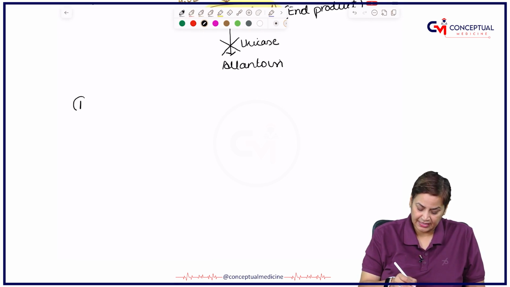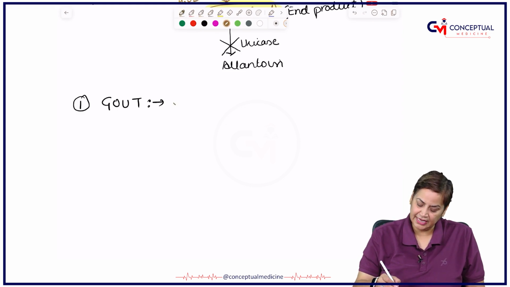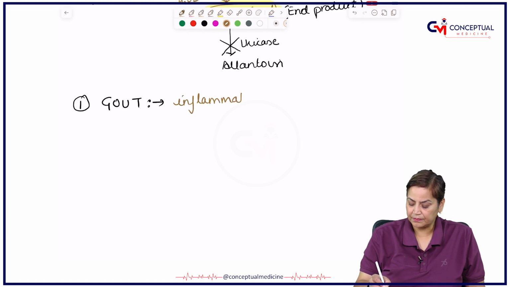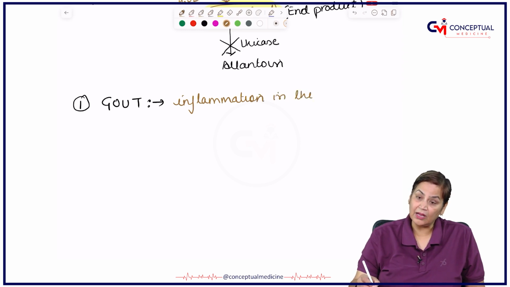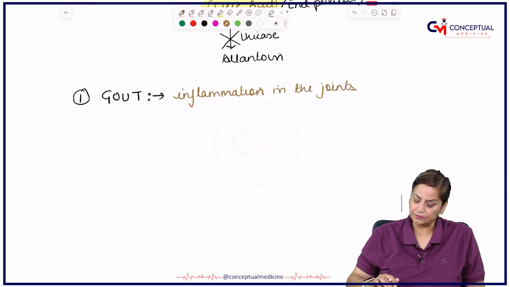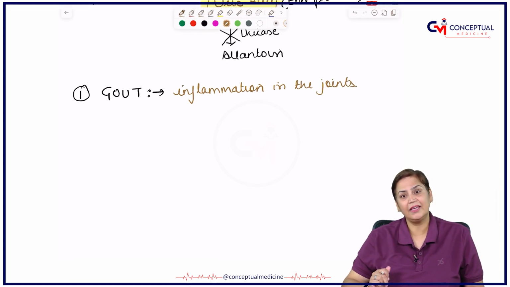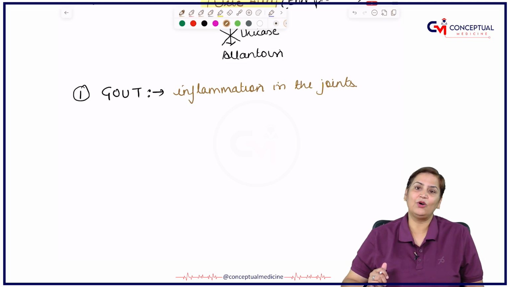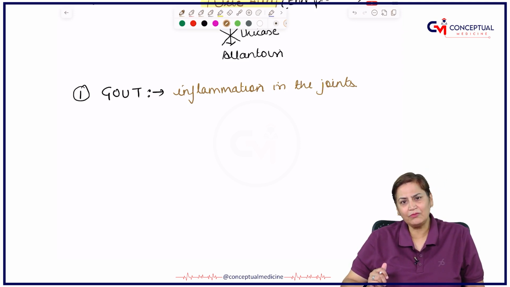Now what is gout? Simply you can say inflammation in the joints. Now why does this happen? Because uric acid is an acid, and we all know that ECF has sodium with it.